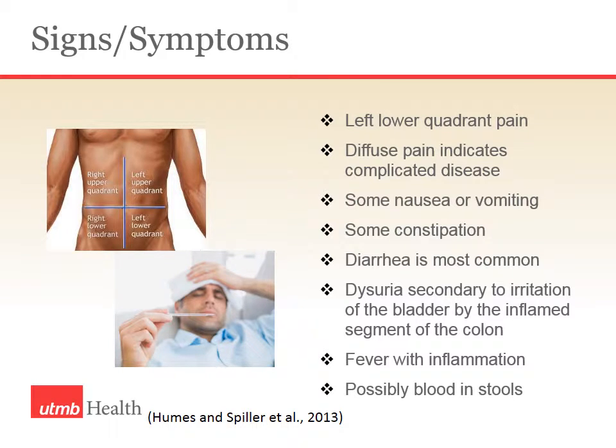There could be some nausea or vomiting or constipation, but usually diarrhea is very common. Some even have blood in their stools due to ruptured diverticular polyps. Some also experience dysuria because the inflammation is spread to the bladder and it's causing a decreased output of urine. And many have a fever because of the inflammation and the infection.